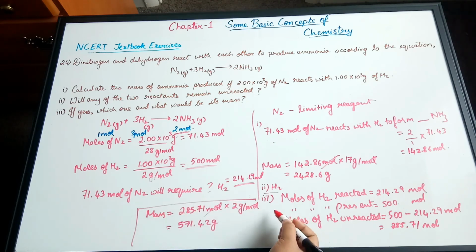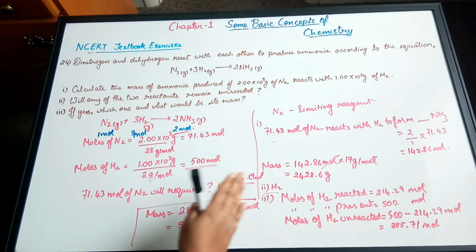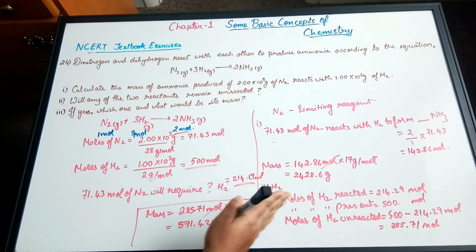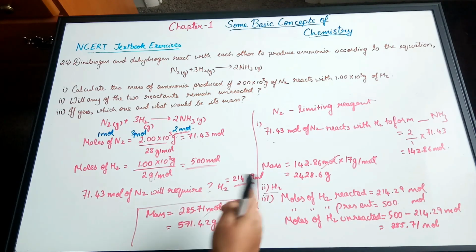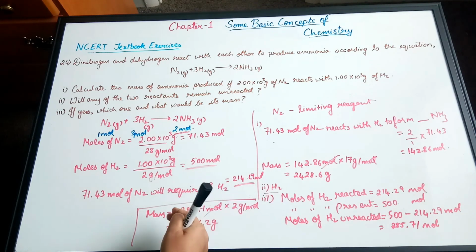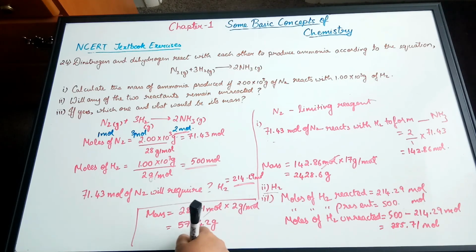So we got to know that the moles of hydrogen which reacted is 214.29 moles. Moles of hydrogen which is present is 500. So we just subtracted these two values to give us the moles of unreacted hydrogen, and mass is again calculated similar to the one here. We just multiplied the molar mass and the number of moles to give us the mass.